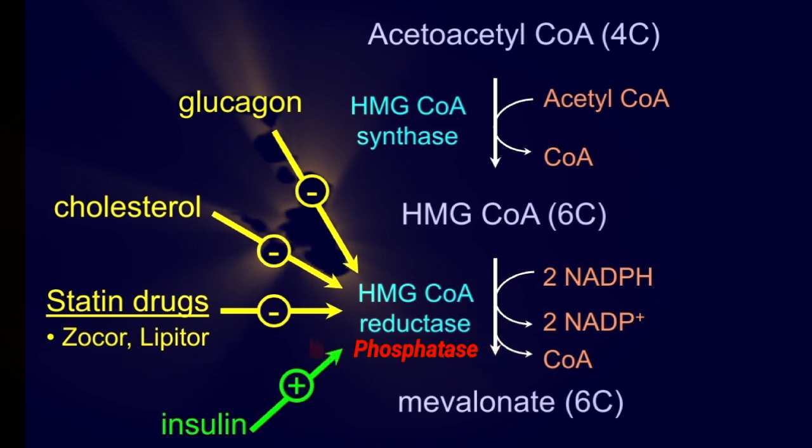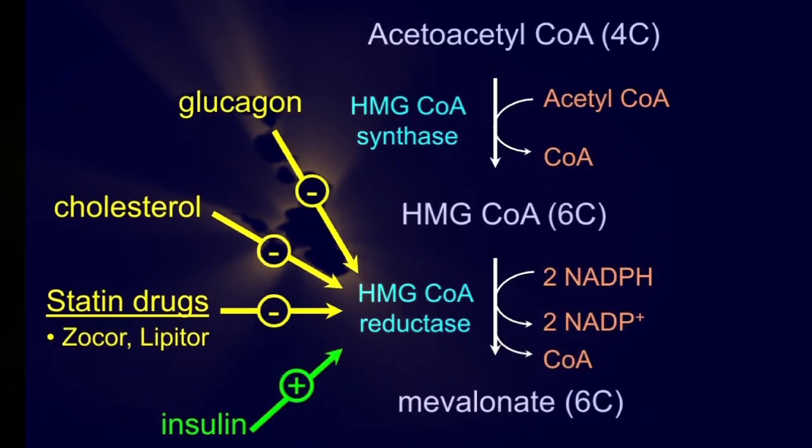The outcome of this covalent modification is to activate the enzyme. On the other hand, glucagon can promote the phosphorylation of HMG CoA reductase and consequently inhibit the enzyme.